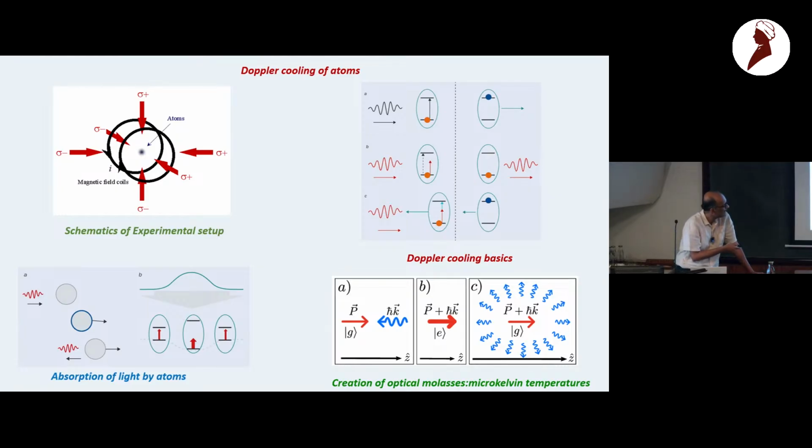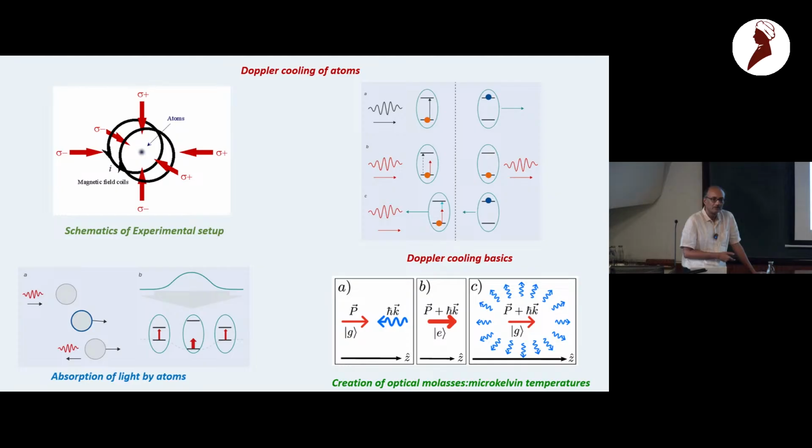But after absorbing this photon, the atom of course goes into an excited state. It doesn't remain there forever, it just comes back and emits the photon. But the basic point is that that photon is emitted in any random direction. It's completely random. So on average, after many, many such events, there is a directional decrease of momentum because it only interacts with photons which are moving in one direction.